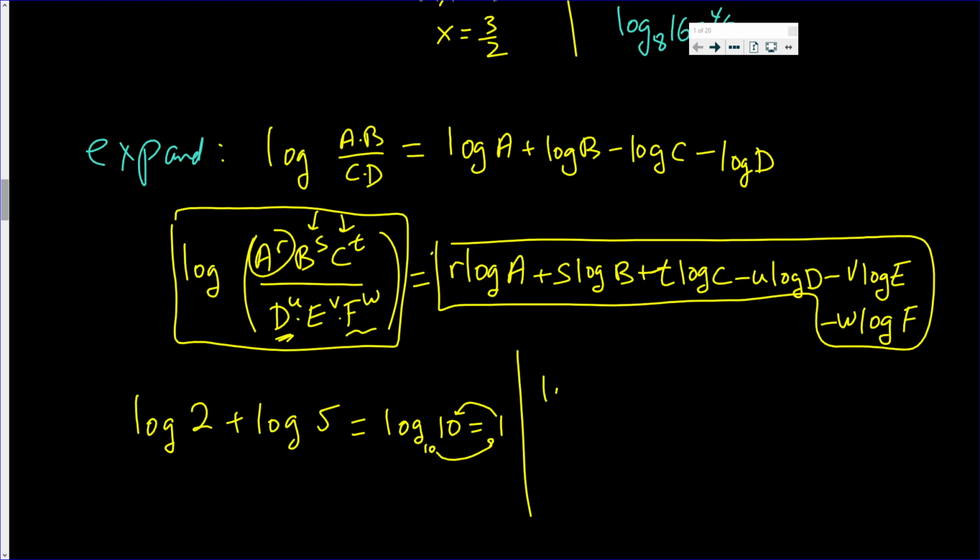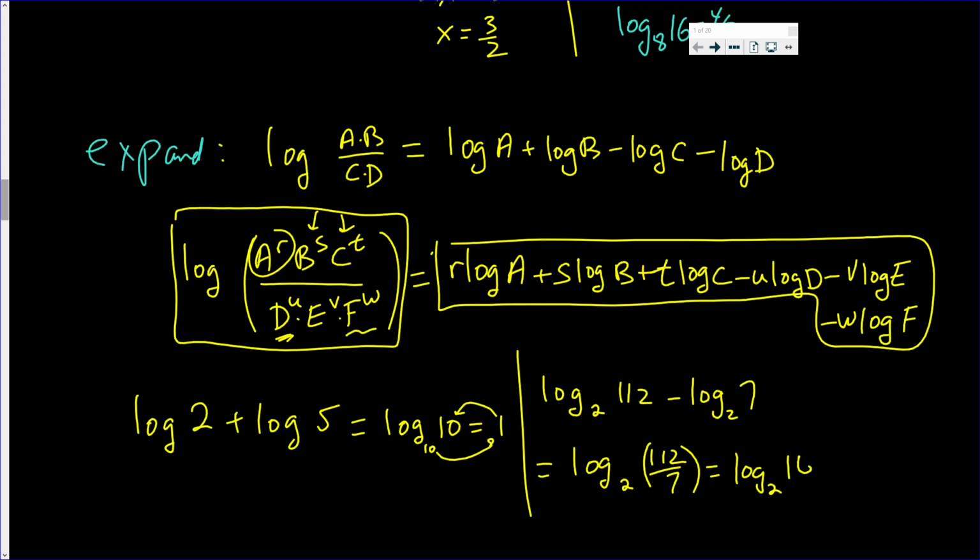What if you were asked to calculate log base 2 of 112 minus log base 2 of 7? Well, the first thing I would do is write this as log base 2 of 112 over 7. Now 112 divided by 7, let's see what that is.